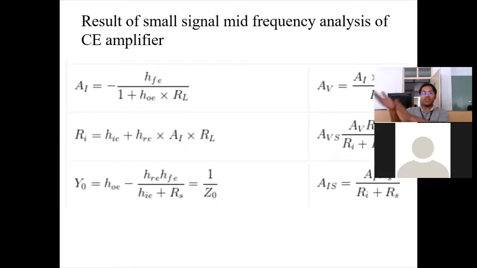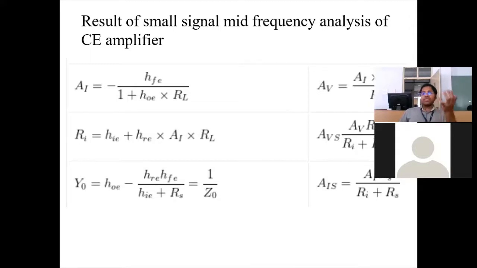You will go for the AC equivalent. What is the process for the AC equivalent? Replace DC sources by ground, and replace capacitors by short circuits. Once you get the AC equivalent, replace the transistor by the h-parameter model, and that circuit you will analyze.